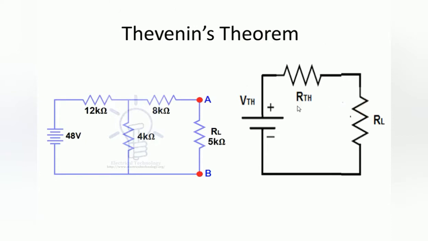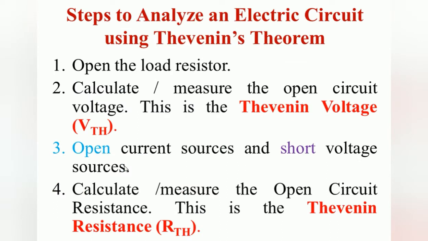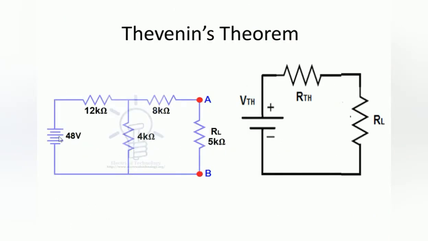Now we are going to calculate the Thevenin's resistance. How is it calculated? If the circuit has any current sources, we open the current source, and if it has any voltage source, we short circuit the voltage source. This circuit has only one voltage source. So while calculating the Thevenin's resistance, first we remove the load resistance, and after that we short circuit the voltage source.